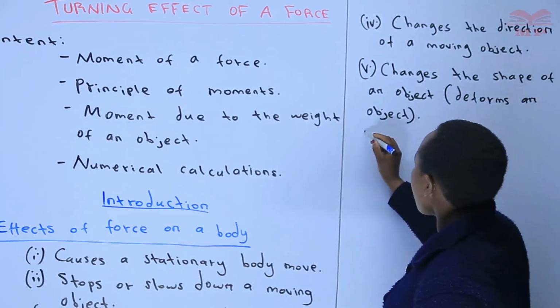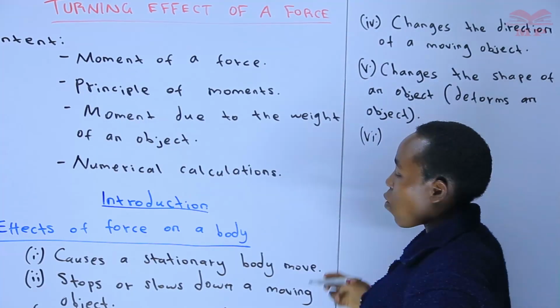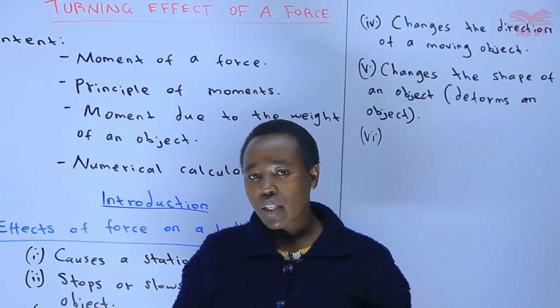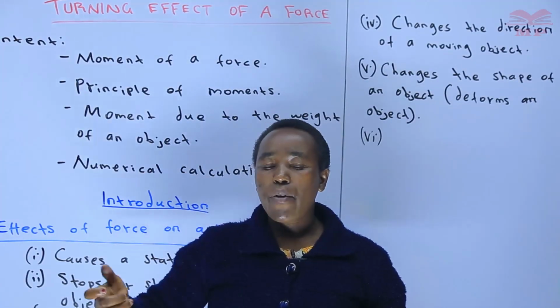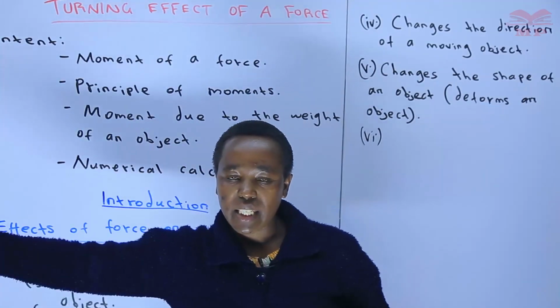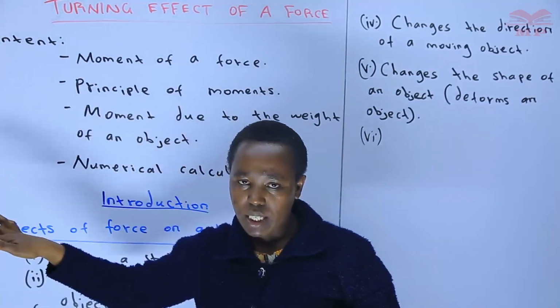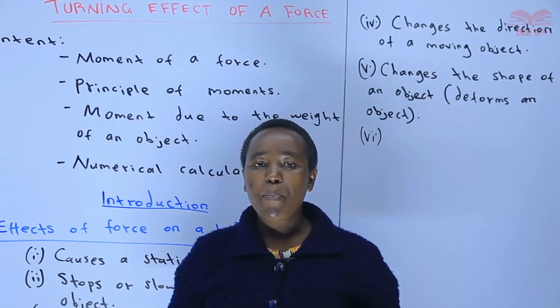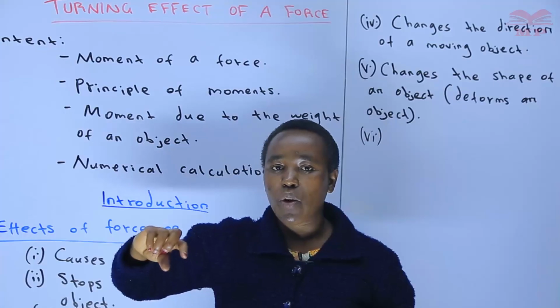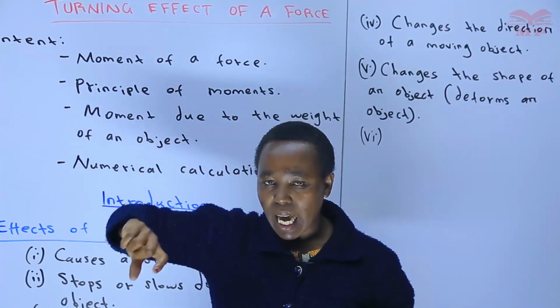Now, we still have another effect of force on an object. When you apply force on a door which is open, it's going to close. Maybe you want to wash your hands and you want to apply force on the tap, you turn the tap.